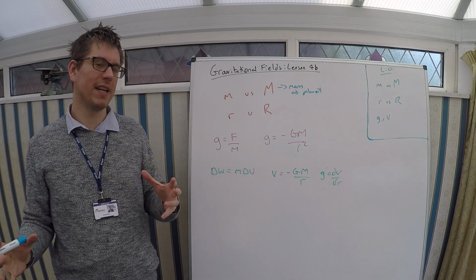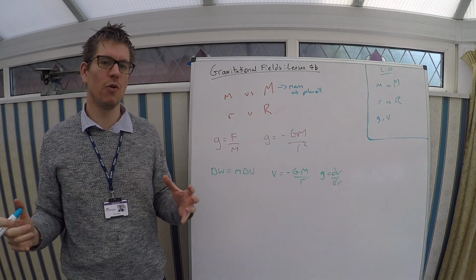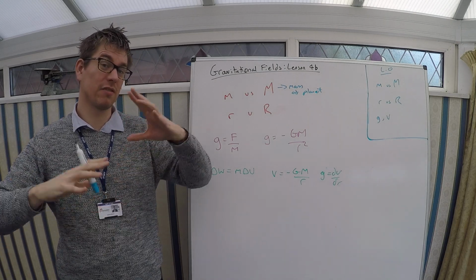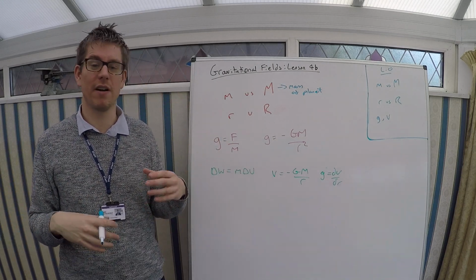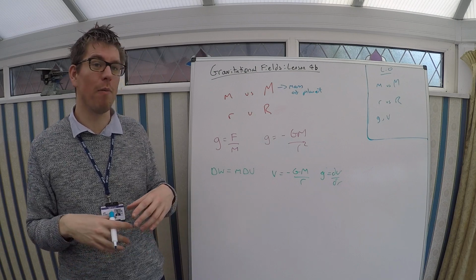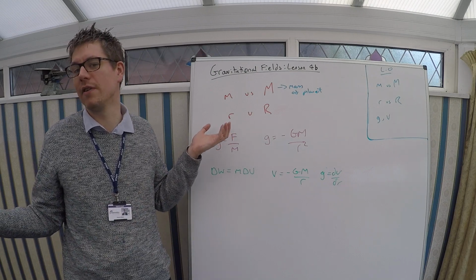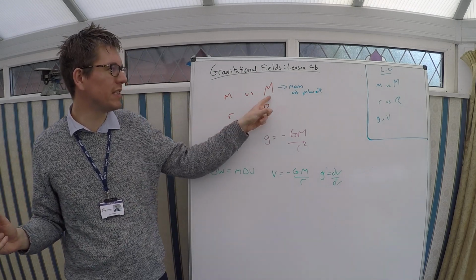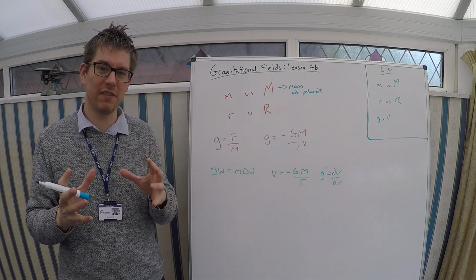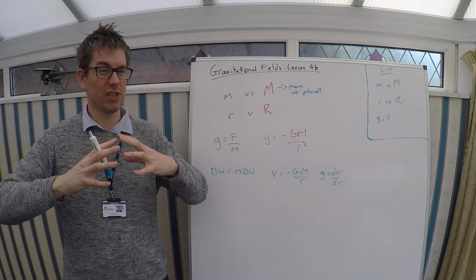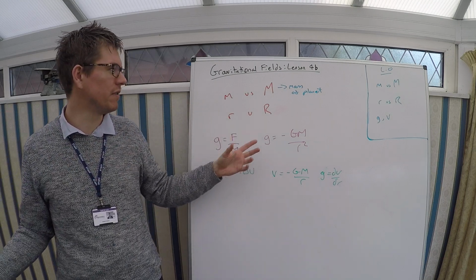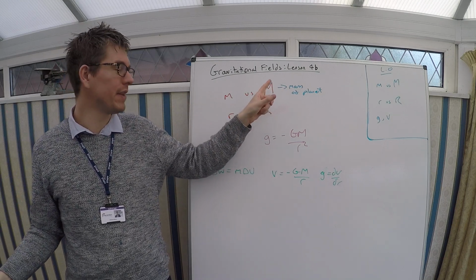I say planet because 99 times out of 100 we'll be calculating gravitational field strengths around planets. Obviously in your exam they can throw anything at you. It could be around a planetoid, it could be just a proton floating in an empty universe. But in general, this M is the mass of the planet. It's the mass of the thing that's giving out the field. So whatever it is that's generating the gravitational field, that's the M we're talking about.